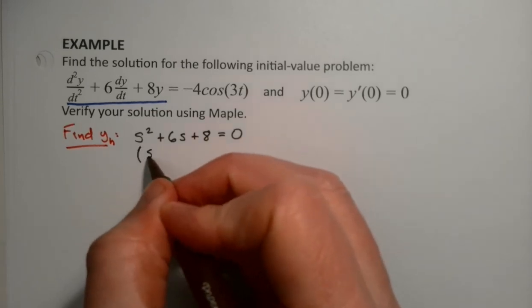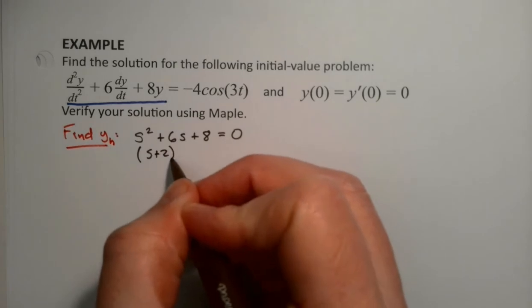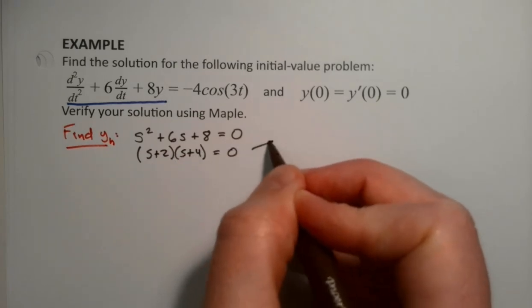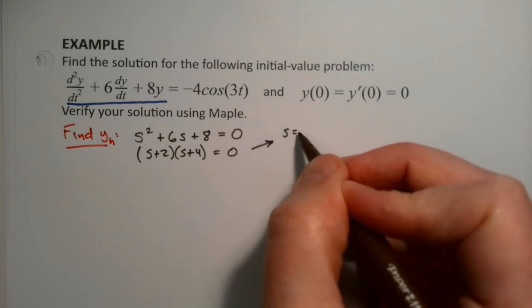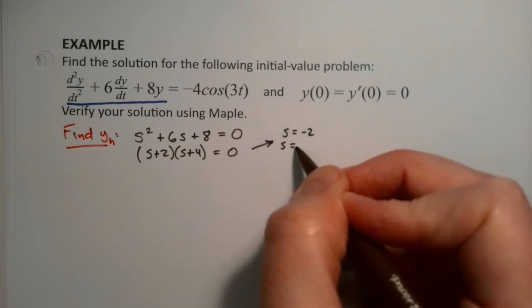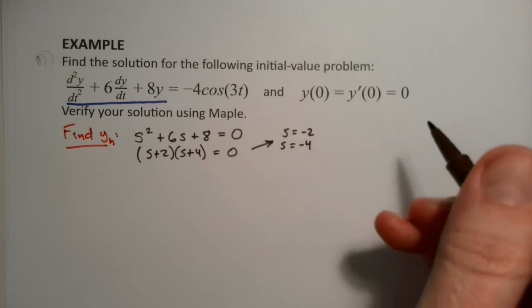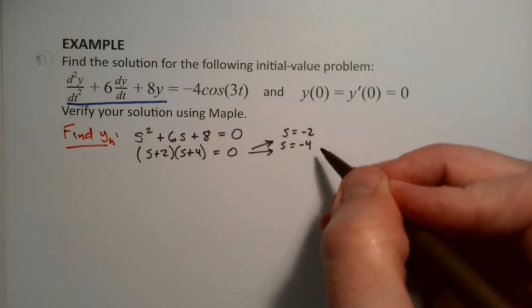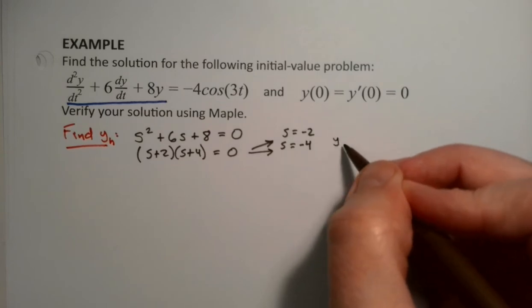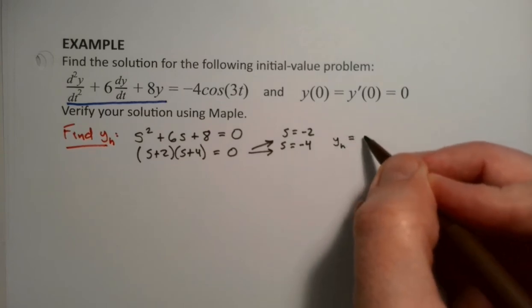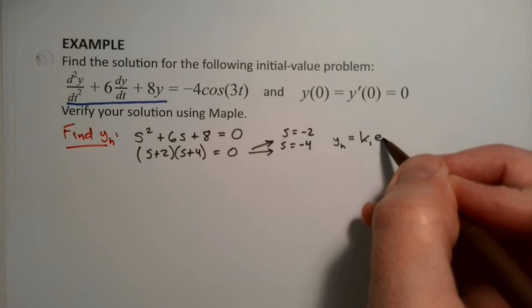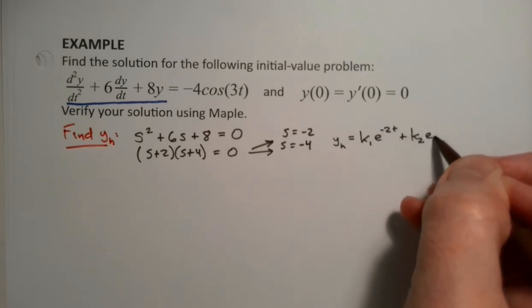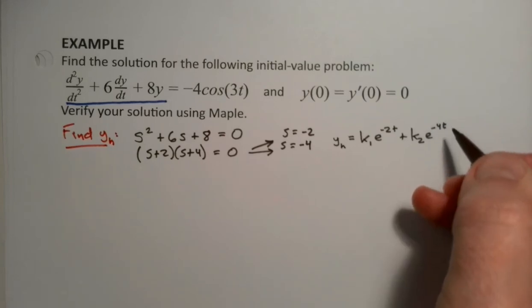We have s plus 2 and s plus 4, which means we have two s values, s equals -2 and s equals -4. And both of those lead to individual particular solutions, which we can combine to get our overall homogeneous general solution, k1 e to the minus 2t plus k2 e to the minus 4t.